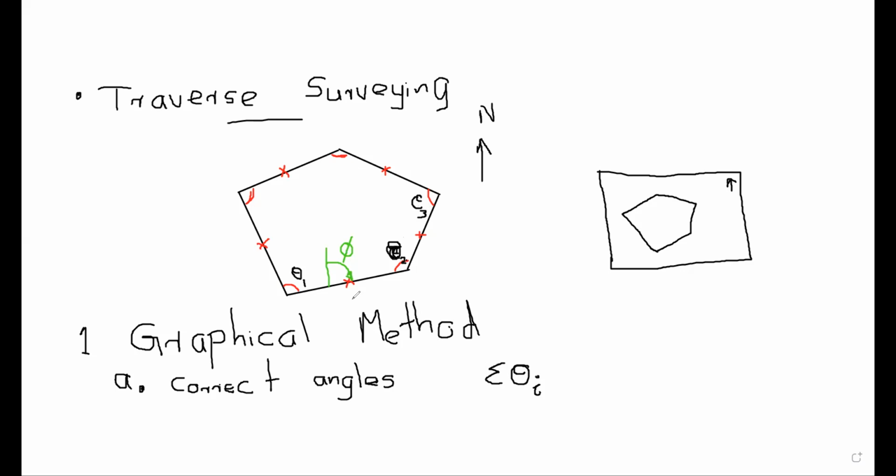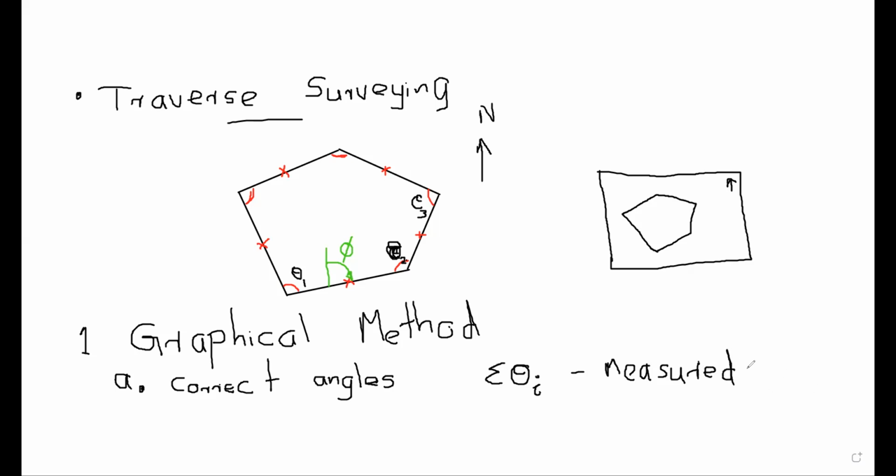Then how you know that they have errors or not? Because you can compare it with the theoretical value. This is called the measured sum, your measured value.